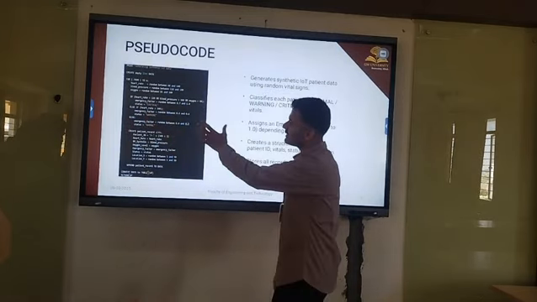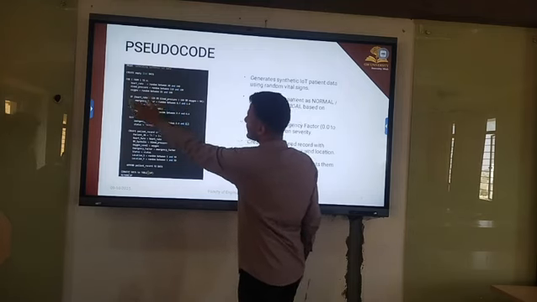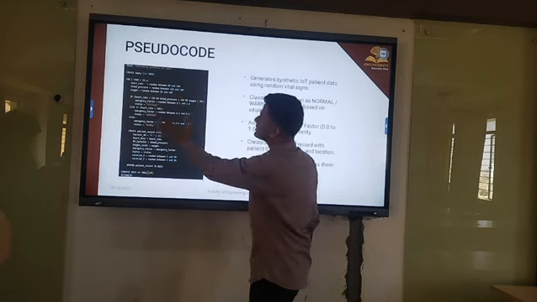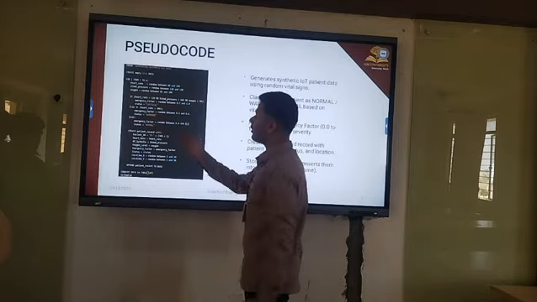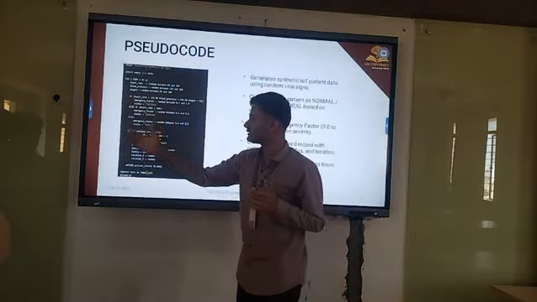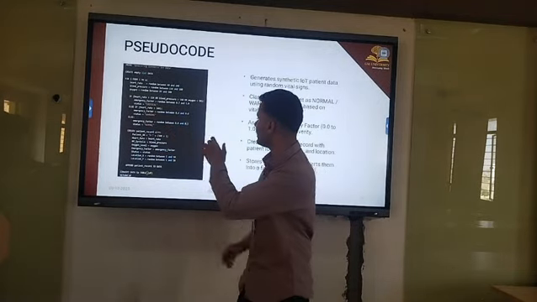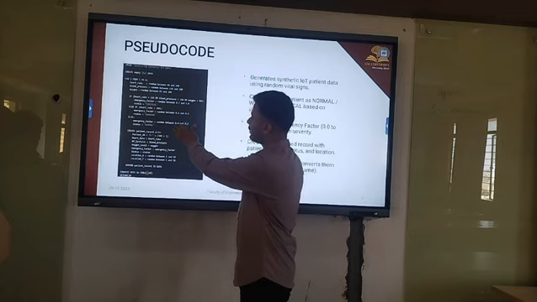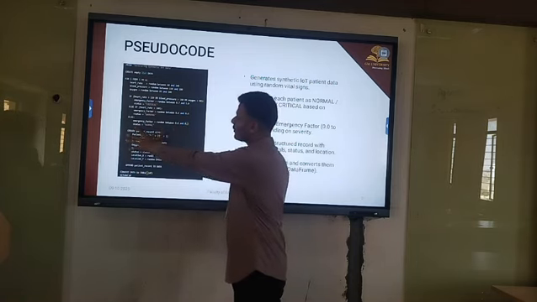If the heart rate is greater than 120 and greater than 160, then the status will be critical. If the heart rate is greater than 100, then a warning will be given as the status. And if the heart rate is random between the 0.02, then the status will be normal.